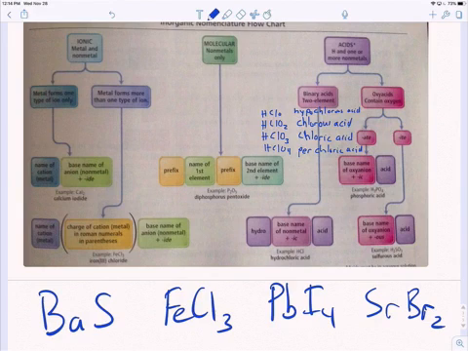Chlorine here has a negative charge, so it's going to have an electron there. So then the iron would be a +3. Yeah, that's right.